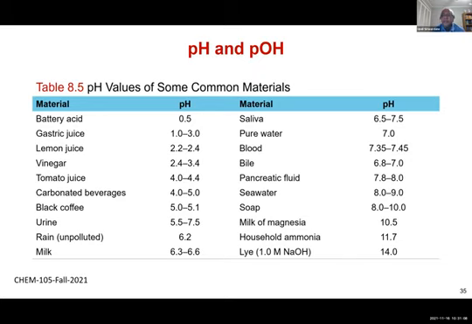Saliva is slightly acidic to more basic, 7.5. Pure water is 7 because the ionization constant Kw is 1 times 10 to the negative 14. Therefore, it's 1 times 10 to the negative 7 times 1 times 10 to the negative 7. pOH is also 7, and pH is also 7.